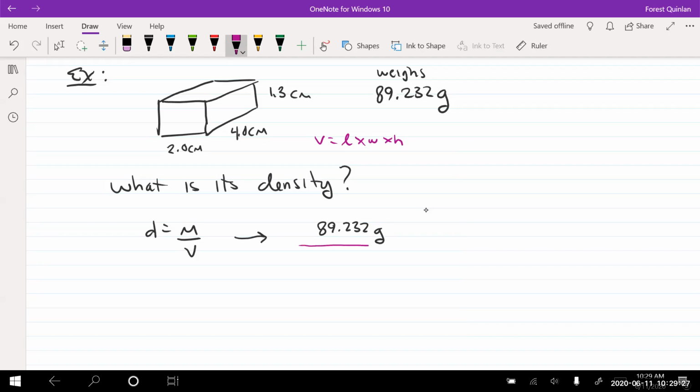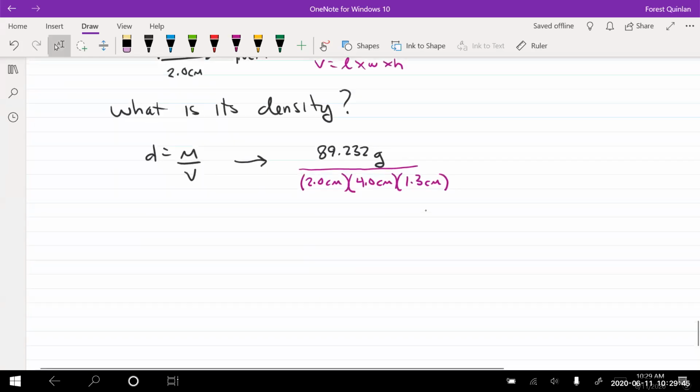So we can go ahead and put that down here as the 2.0 centimeters times the 4.0 centimeters times the 1.3 centimeters. 10.4 centimeters. I wouldn't do that, Frank.